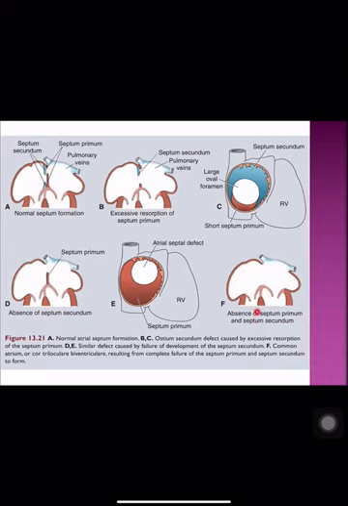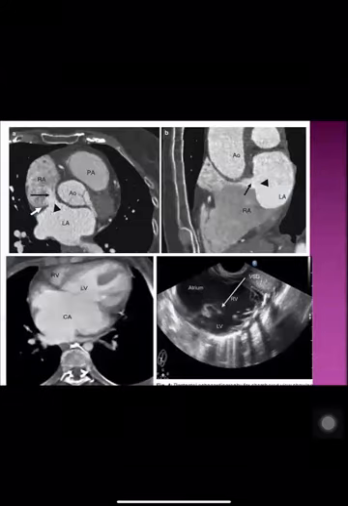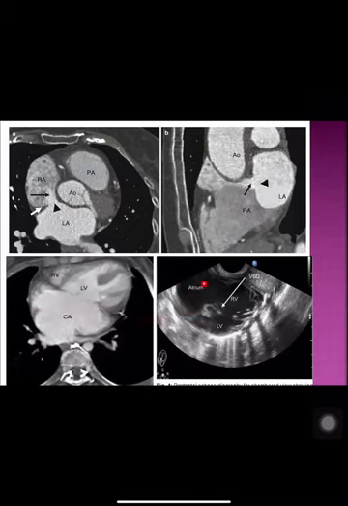The problem is when there is a complete absence of the atrial septum. This will lead to a very serious defect that is called the common atrium, and this will be associated with other defects in the heart. Now here we have a defect in the ostium secundum with the connection between both atria, and here we have a complete absence of the atrial septum with the formation of the common atrium, as we see here.